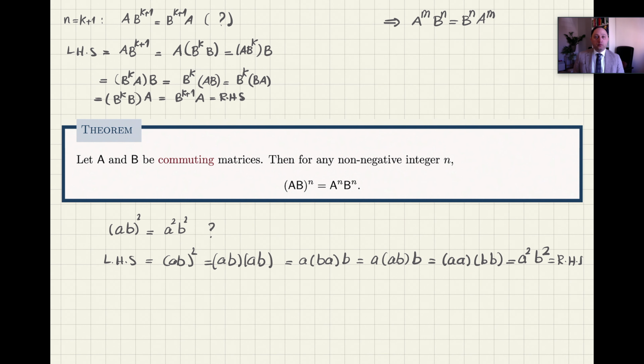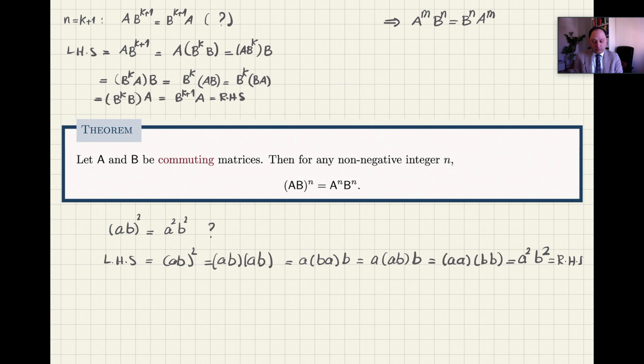But we know that for matrices A and B, in general, it is not true that A and B commute, so we might get suspicious that this is not true in the first place, and actually it is not. We can cook up some examples to show that this is indeed not correct. You can give yourself examples.